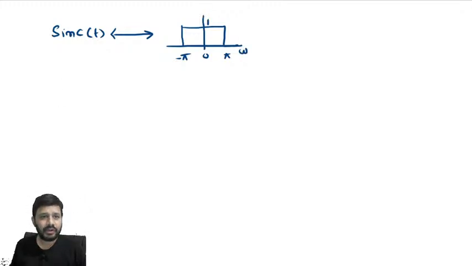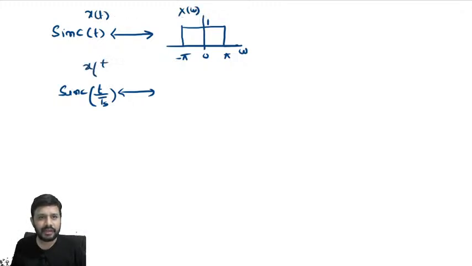Right? Now if I calculate sinc of t by Ts, how to get it? Use the scaling property. If this is my x of t, this is my X of omega. So this is x of t by Ts. Identify the scaling factor. Wherever you have omega, replace with omega by a, no?